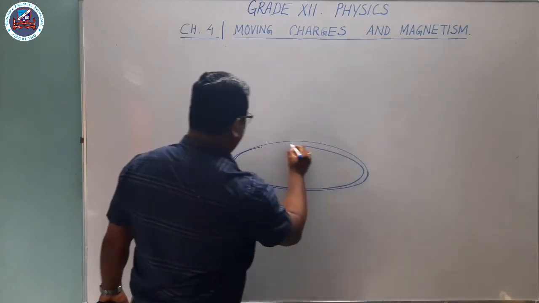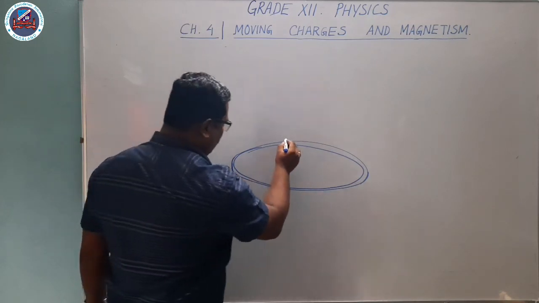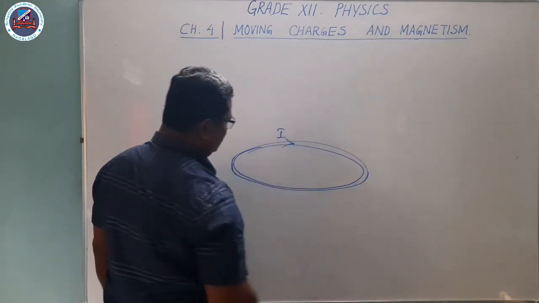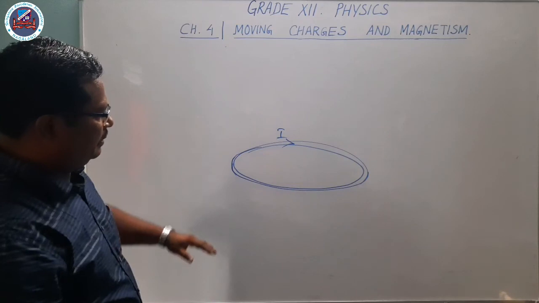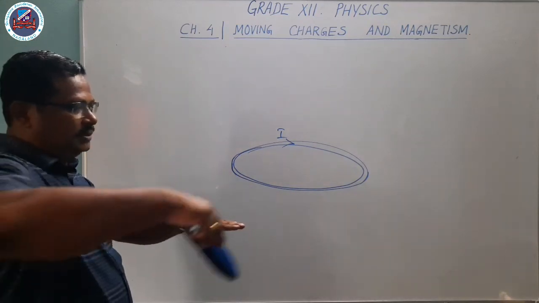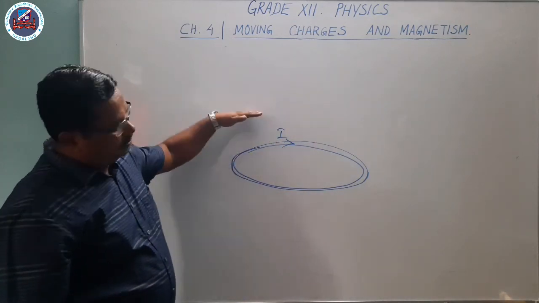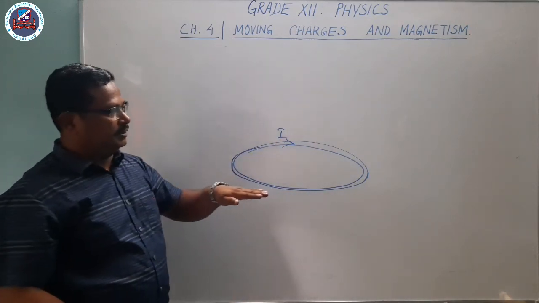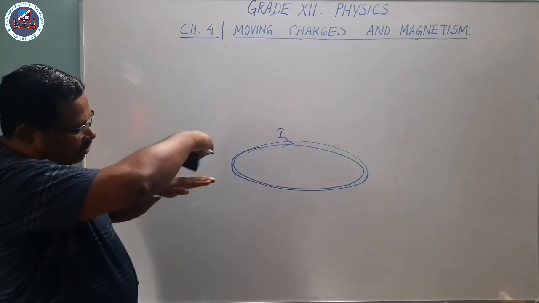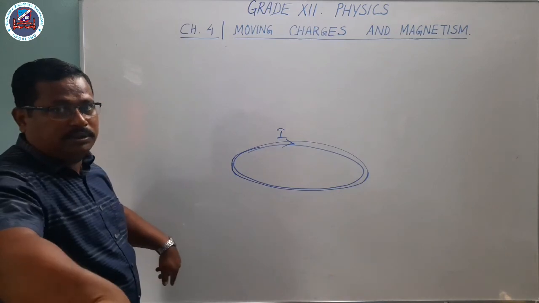This is your circular loop. If the current is going, let us say clockwise this time, current is I. This part is towards you, and this part is the other end. Then current is going in the clockwise direction. Then the field line should go downwards.